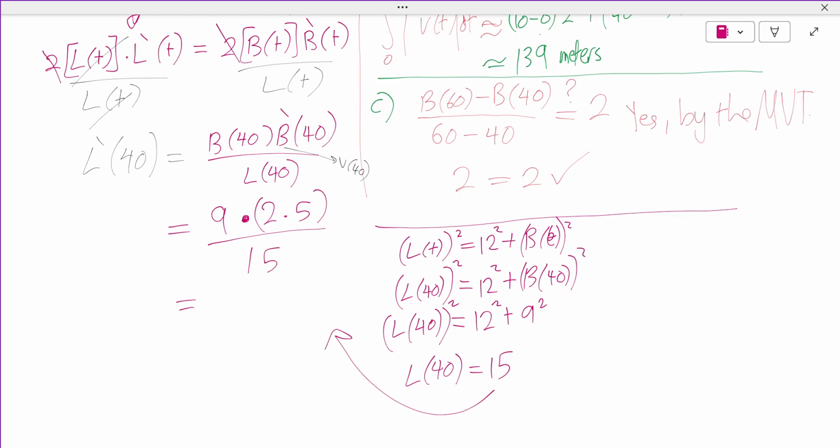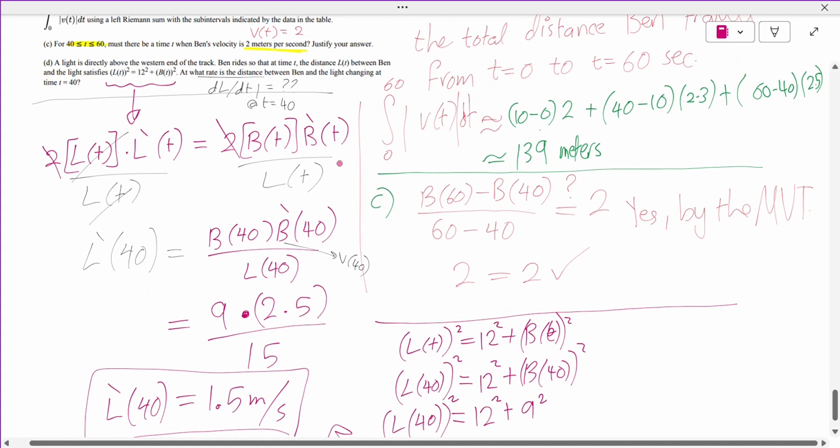So L prime of 40 is equal to 9 times 2.5 over 15, which is 1.5 meter per second. This is L prime of 40. I hope this is clear. Good luck.